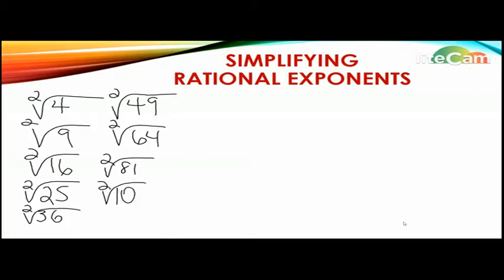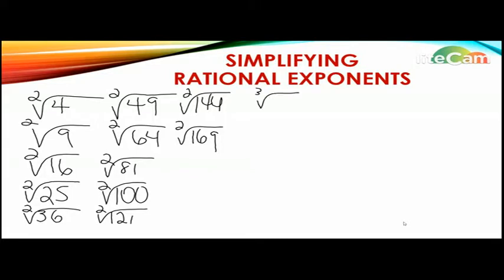All right, so we have square root of 100, square root of 121, which is 11, square root of 144, which is 12, square root of 169, which is 13.